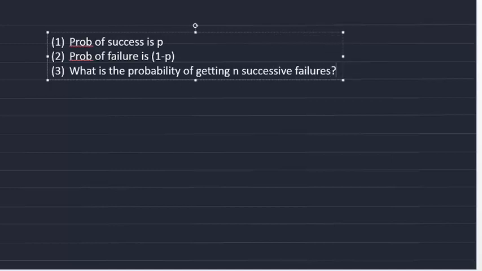Okay, so let's think about that. The first failure gives us a probability of 1 minus p. Of that probability, the second failure has a probability of 1 minus p as well.